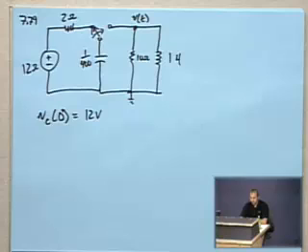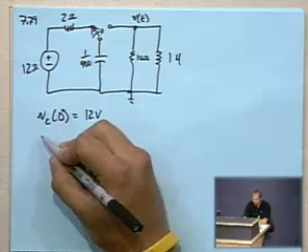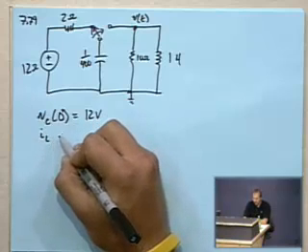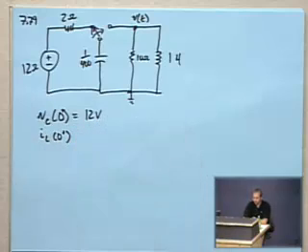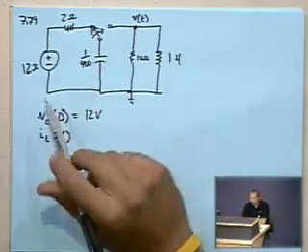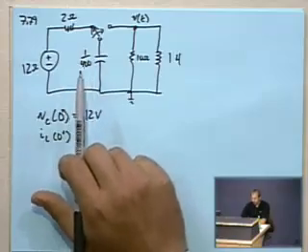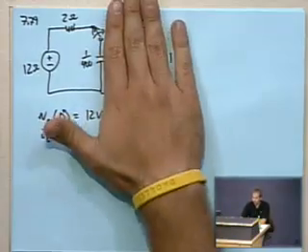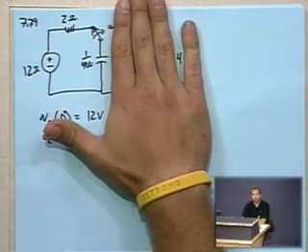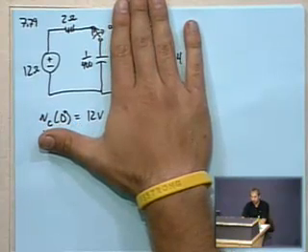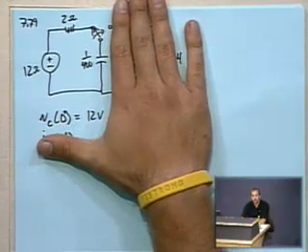The second initial condition that we need is the current through the capacitor. And this is where I screwed up, trying to go too fast and not paying attention closely enough to what I was doing. When I look at this, I say, well, with the circuit in this configuration, there is no current flowing through the capacitor because it's an open circuit.